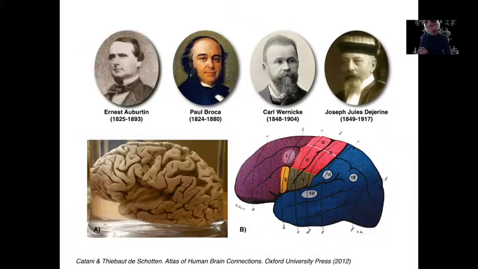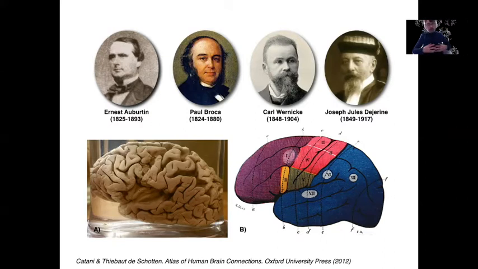It's a slide where I explain the discovery of the language production center by Paul Broca, who discovered these regions after his former colleague Ernest Aubertin reported a patient who tried to shoot himself in the head, survived the suicide attempt, but was left with an open wound on his skull.